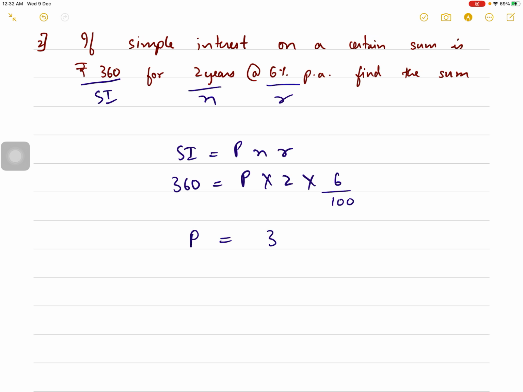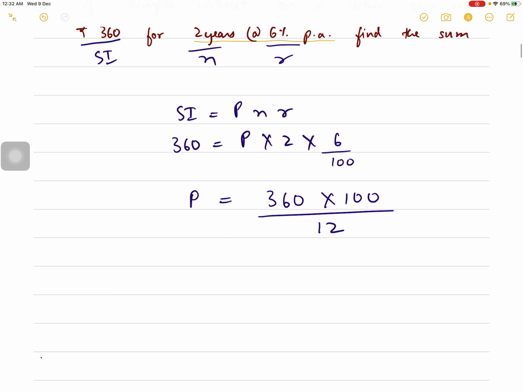So P is equal to 360 into 100 divided by 2 into 6. 2 into 6 is 12. 12 ones are 12, 12 threes are 36, so 30 into 100, which is 3000.